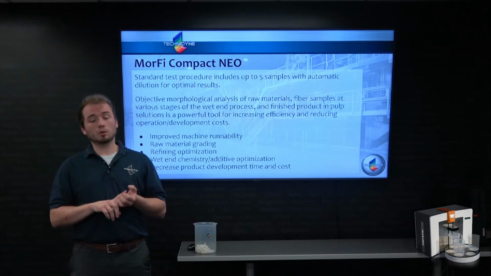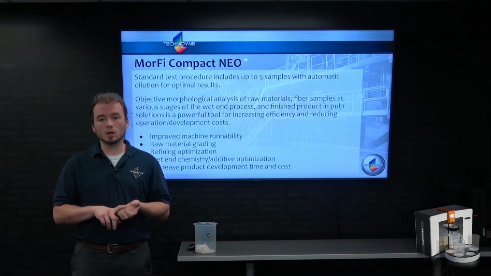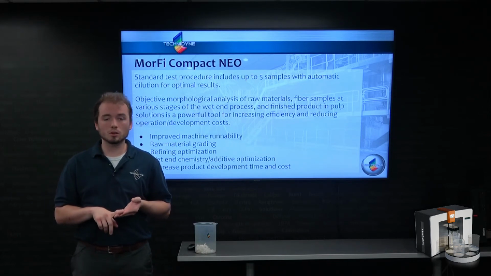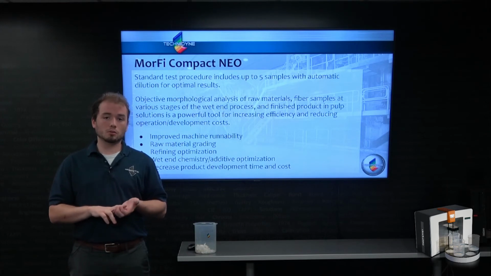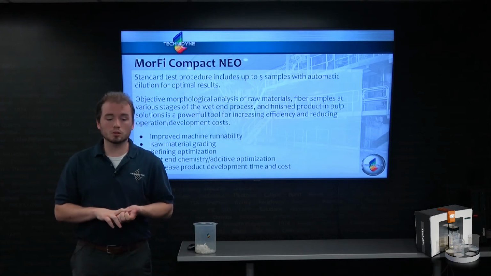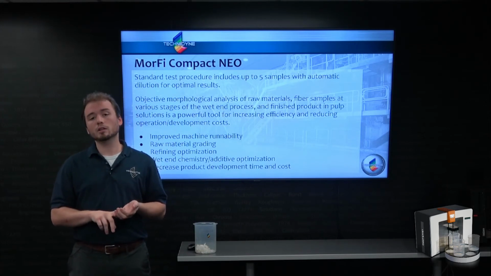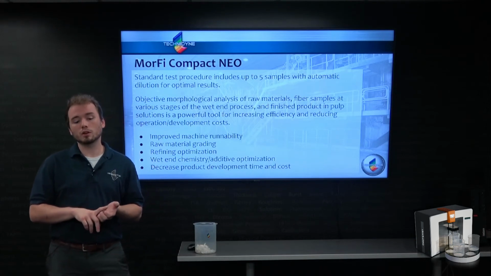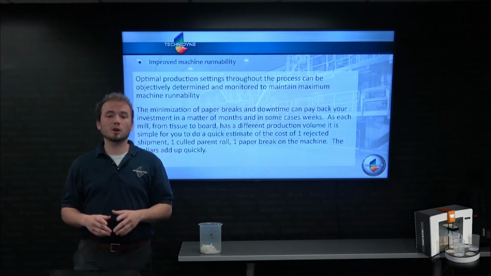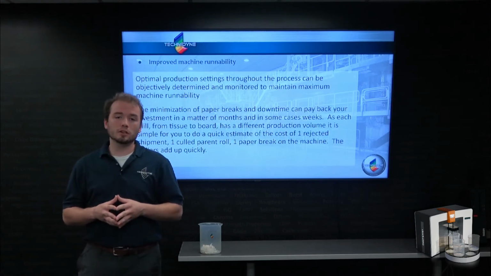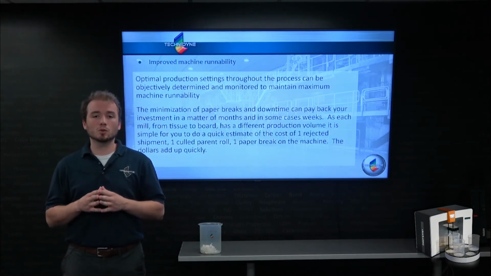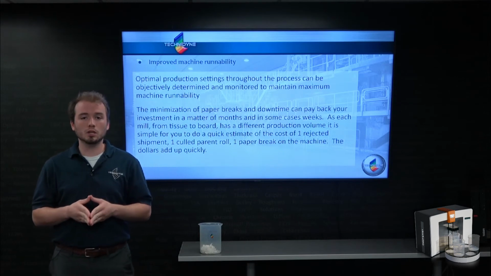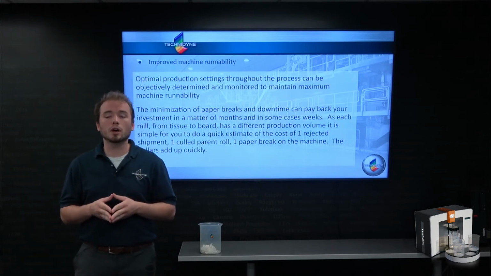We do this by improving machine runnability, allowing you to grade raw materials, optimizing the refining process to reduce cost, improving the wet end chemistry and additive process, as well as decreasing product development time and cost. Based on our experience in the industry, we've identified these 5 areas as those where you can find the most value immediately by using the Morphe Neo Compact.